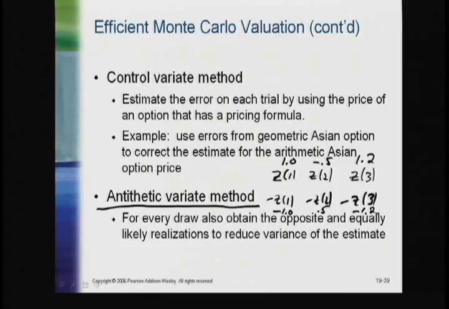Similarly, if I had a binomial lattice path where I created a sequence and my sequence was up, down, up, then the antithetic path would be down, up, down. And I would use both paths in my sample. So what's happening is that with every path you generate randomly, you add a path which is opposite, and the opposites, in a sense, tend to force the averaging closer to the middle point. It's closer to the average, and it reduces the standard error.